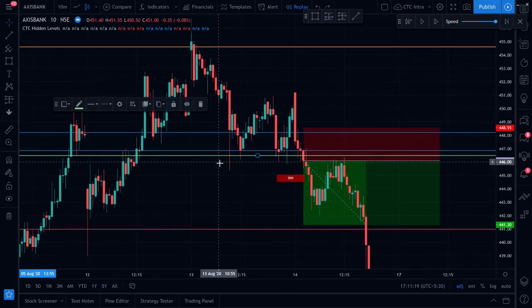So we want at least one manual support resistance and at least two total support resistance. If there are 3, 4, 5, then it is great. But at least two in total, and in that at least one should be the manual support resistance and not the automated hidden support resistance.